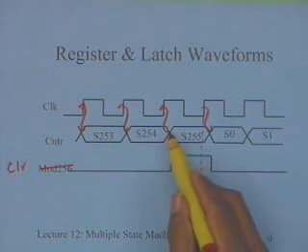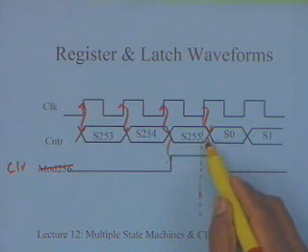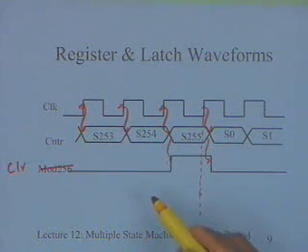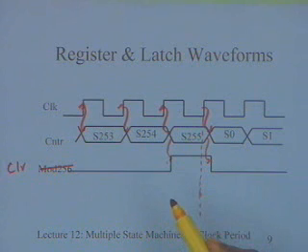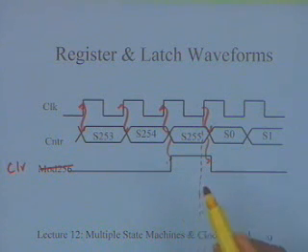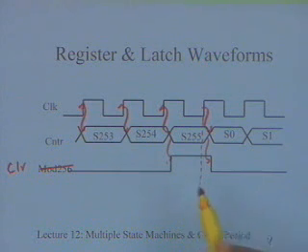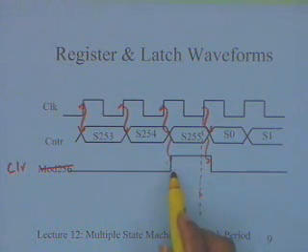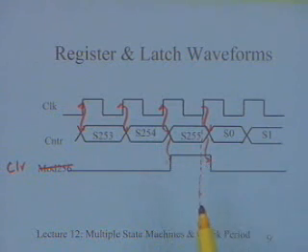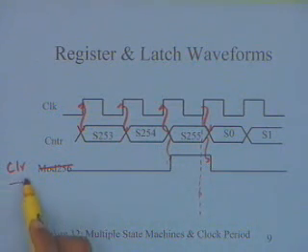This clear will be a little bit more delayed with respect to this state, because whatever mechanism you use to generate this clear, you may be decoding this state. 255 has to be decoded. You can use an 8-bit AND gate to decode this state. So once you decode it, there will be a small delay of the decoder, whichever you are using to decode this state to generate the clear.